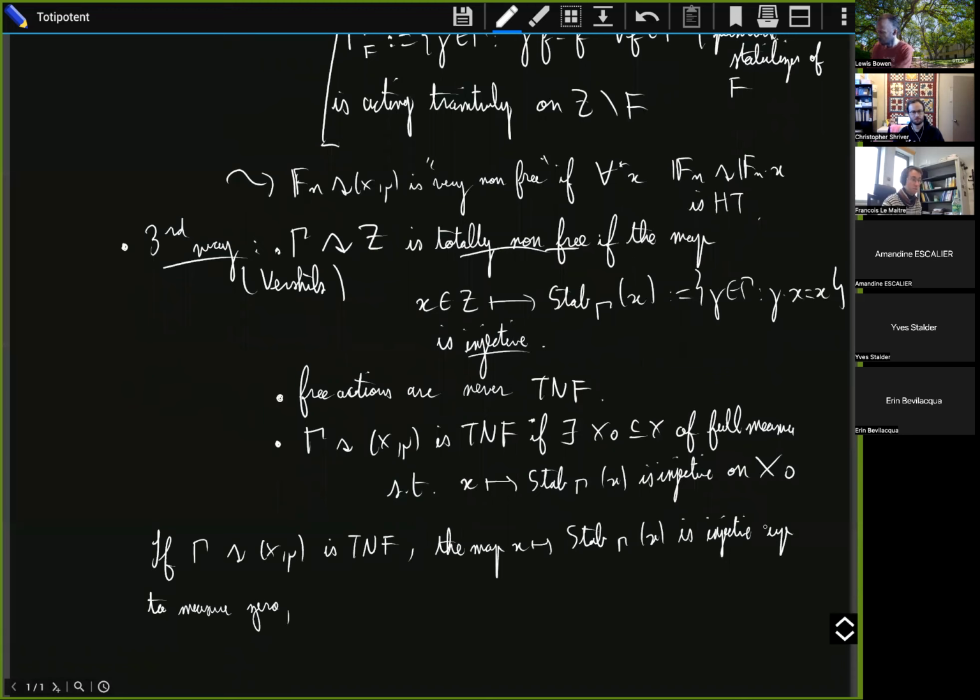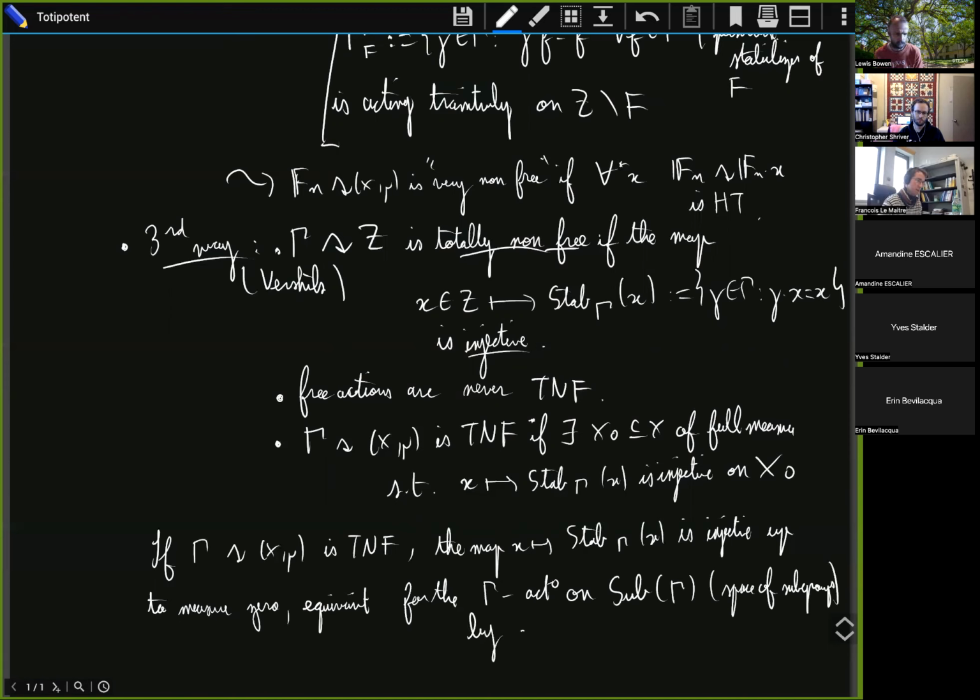It's always equivariant for the gamma action on the space of subgroups of gamma. And this action is the action by conjugacy.